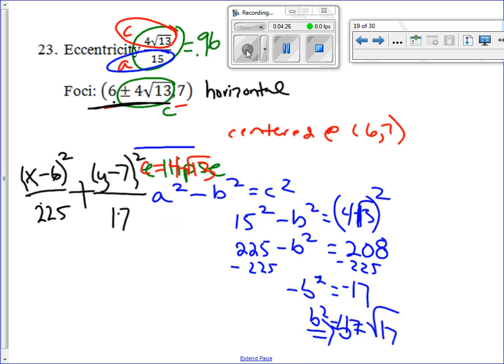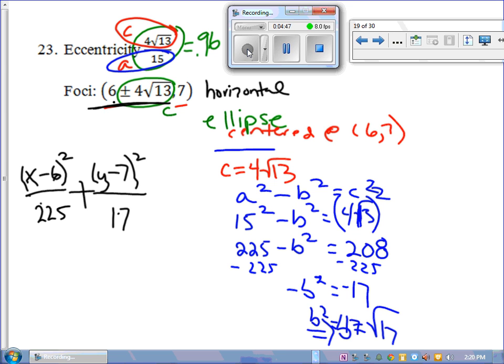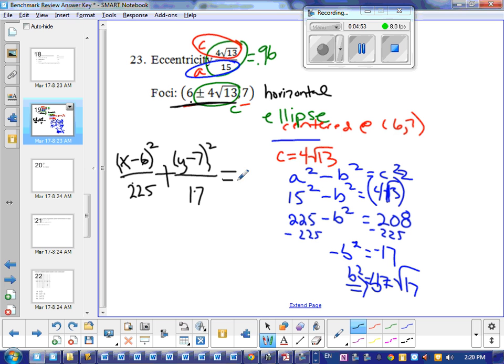So let me move this over so that I can write equals 1. So this is our final answer.